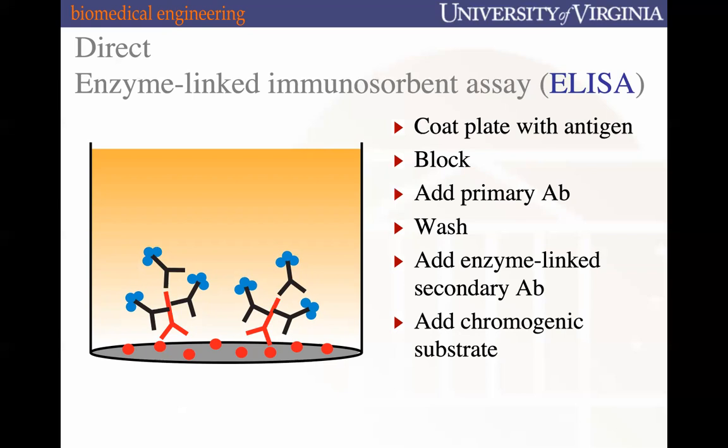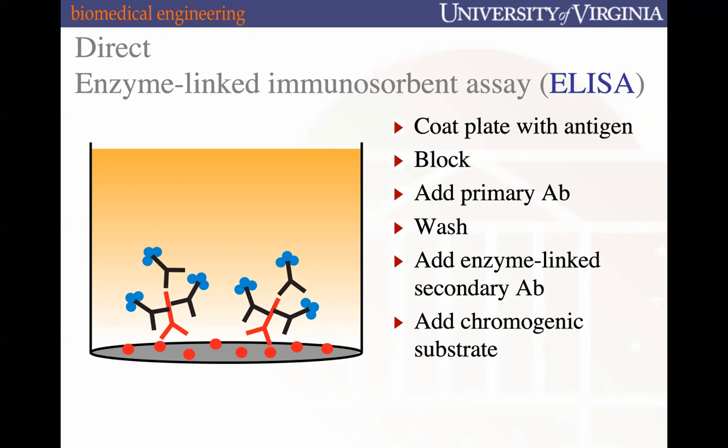And so when we did it, oftentimes the secondary was conjugated to something called biotin, and HRP was conjugated to something called avidin. Biotin and avidin have the strongest affinity known to nature, so a really strong affinity to try and avoid perhaps the inefficiency of HRP with this antibody.